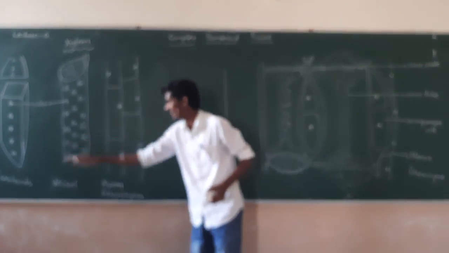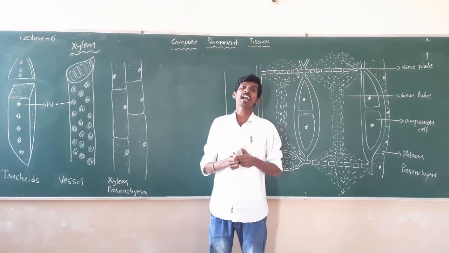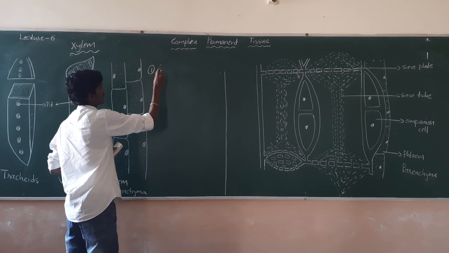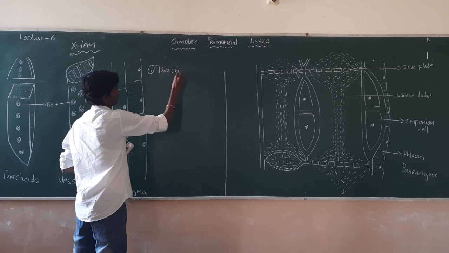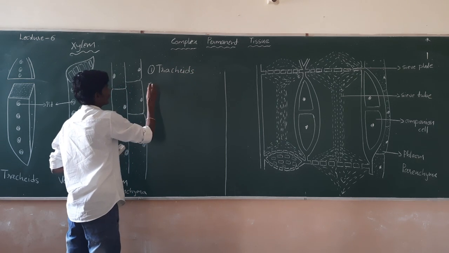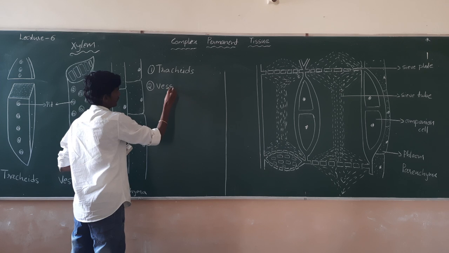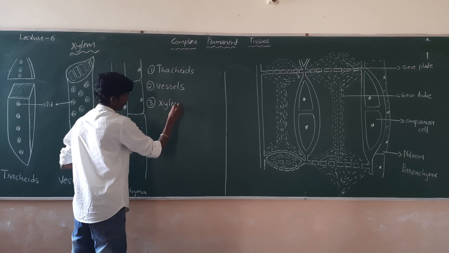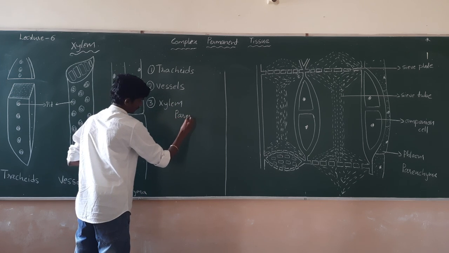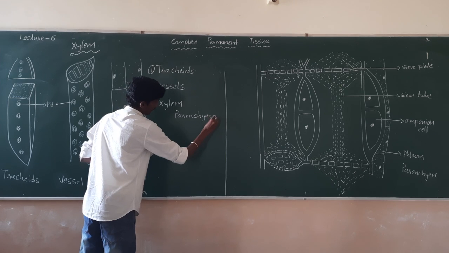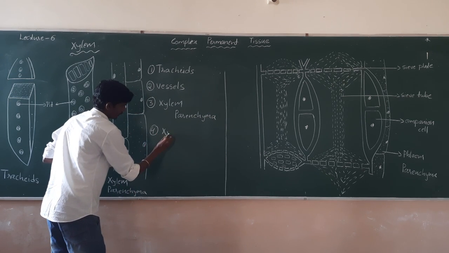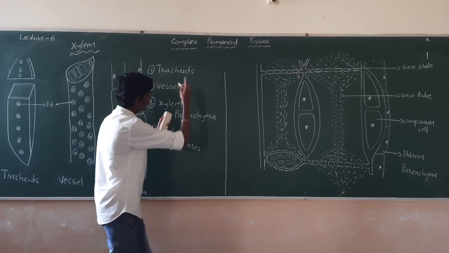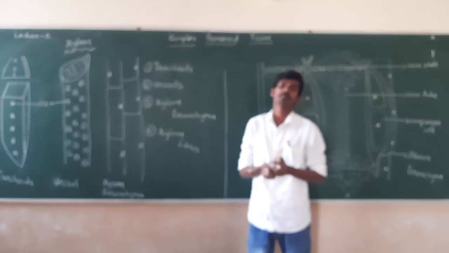One is the tracheids, second is the vessels, third is the xylem parenchyma, and the fourth is the xylem fibers. All these elements are present in the xylem.